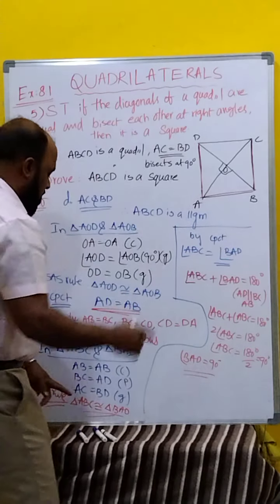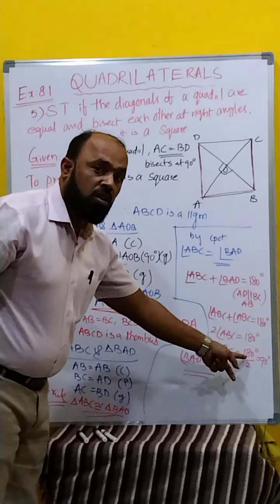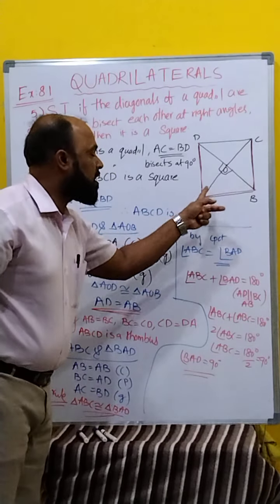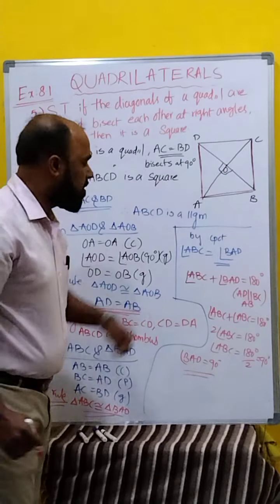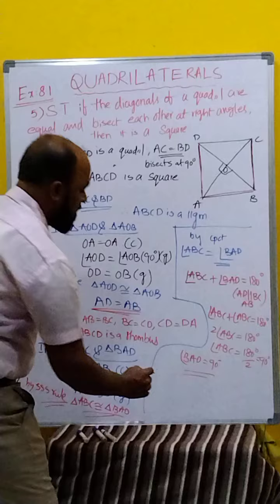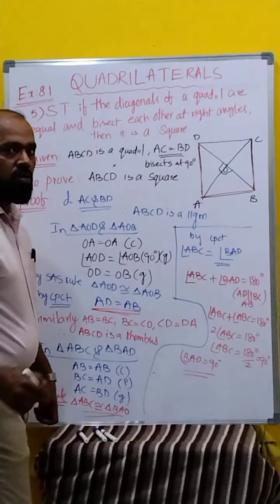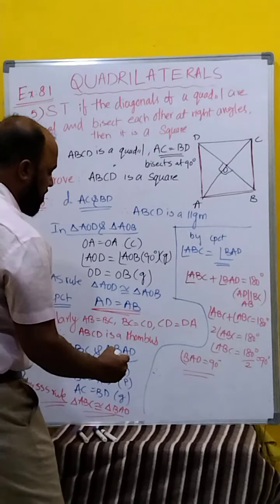Clear, children? We know it is a rhombus. Now two angles we know. You can prove this also. Therefore, all the angles are now 90 degrees: angle A, angle B, angle C, angle D is equal to 90 degrees.